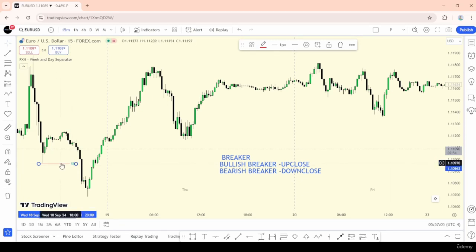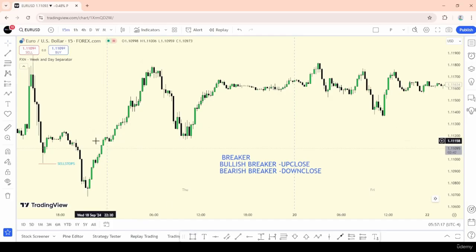So from here, we know these are sell stops residing here in the market. So when the market runs sell stops and then later reverses and breaks market structure, we have also learned about market structure shift or market structure break.